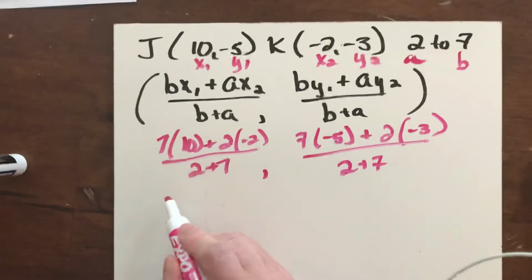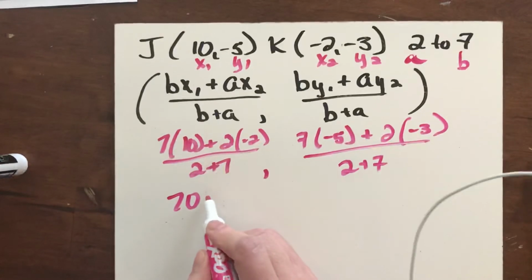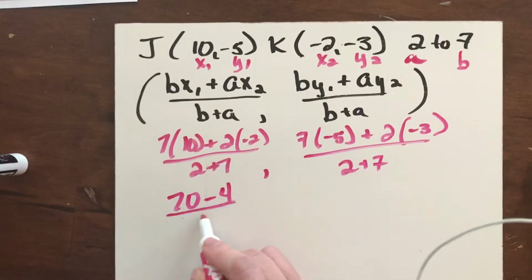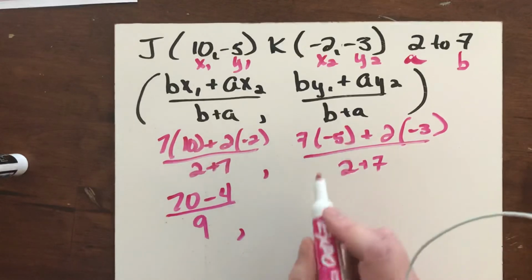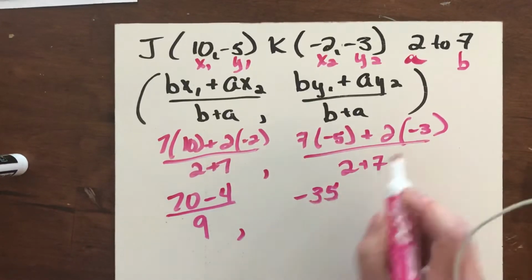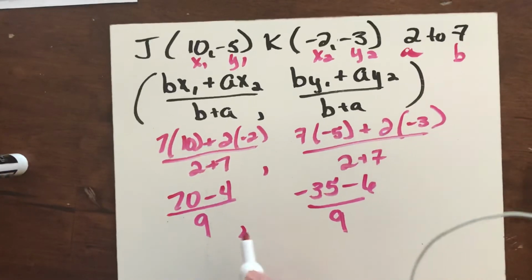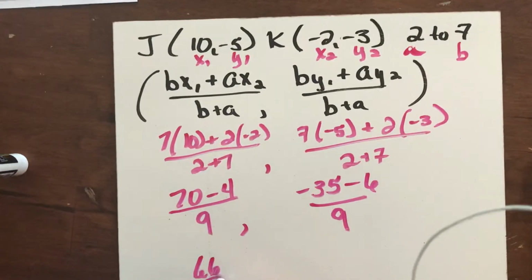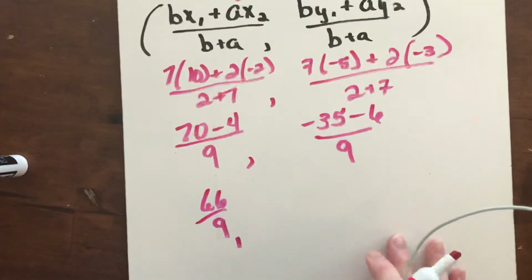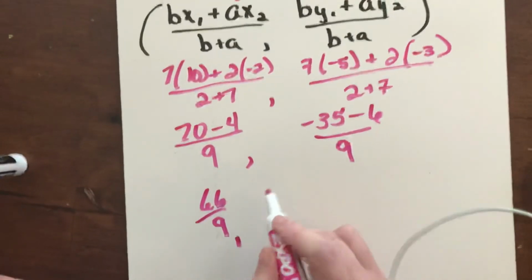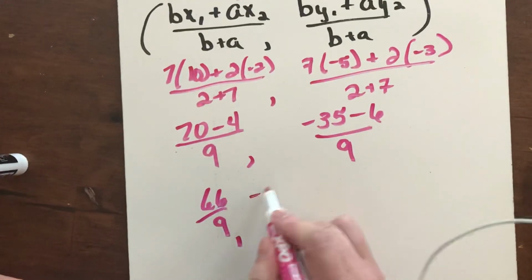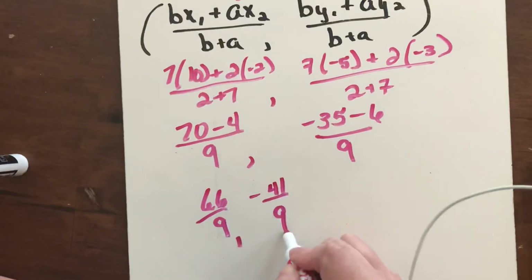All right, so 7 times 10 is 70. 2 times -2 is -4. This is all going to be divided by 9. 7 times -5 is -35. 2 times -3 is -6. Divided by 9. So 70 minus 4 is 66 divided by 9. -35 minus 6 is -41 over 9.